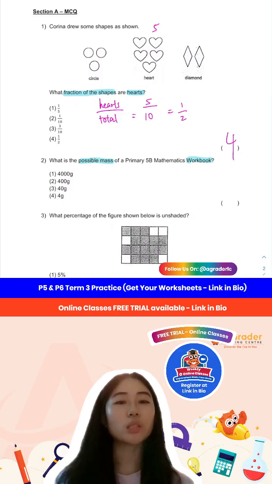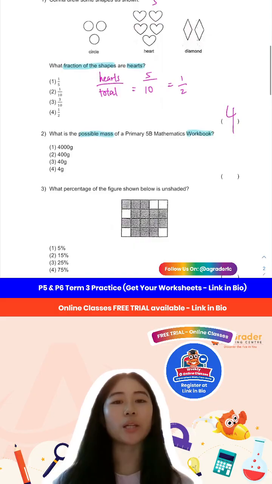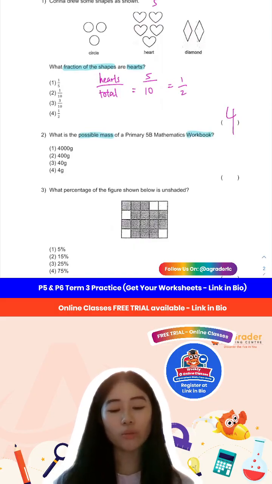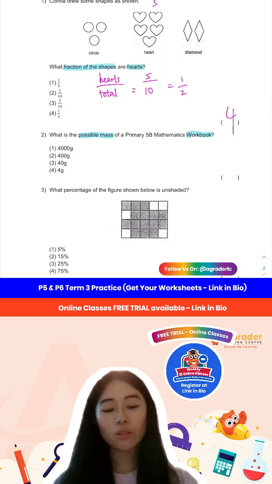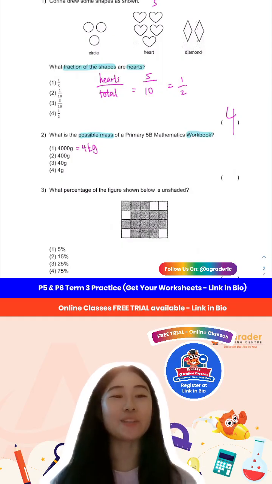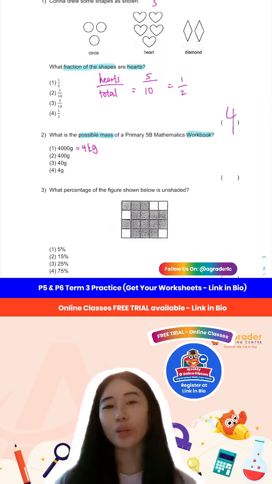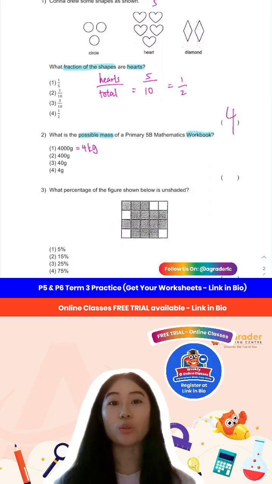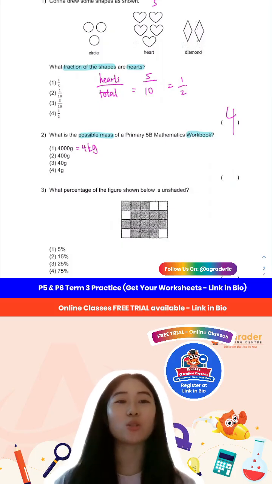Okay, shall we go through this? Right, so Nugget, just now you chose option one, but option one is 4,000 grams. So isn't 4,000 grams equals to 4 kg? 4 kg is actually very heavy, so I don't think you want to bring a 4 kg workbook to school in your school bag. So 4 kg is too heavy.